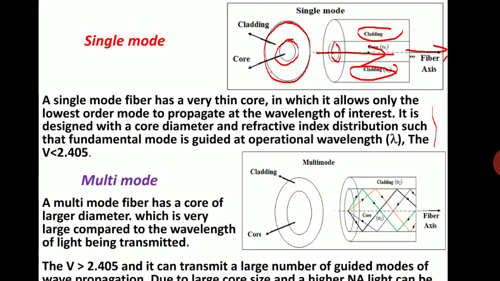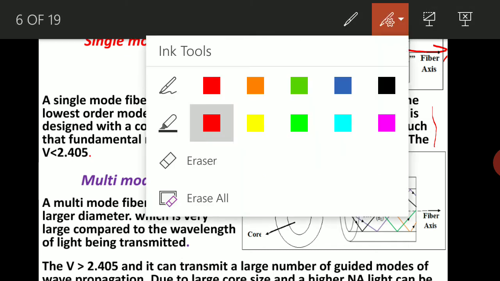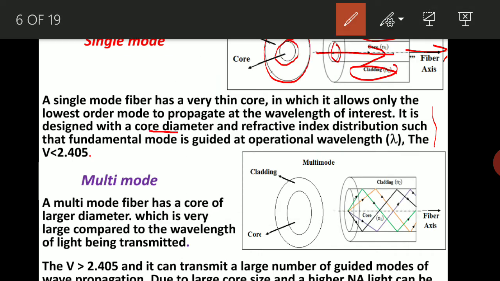This single mode fiber has a very thin core, which allows only one ray path to propagate down the fiber, and the design is such that it allows only the fundamental mode to propagate down the fiber. Only the fundamental mode for that particular wavelength will be propagated inside the fiber.